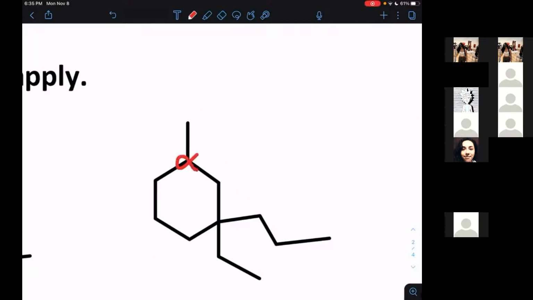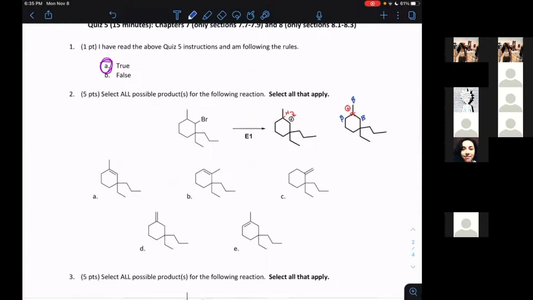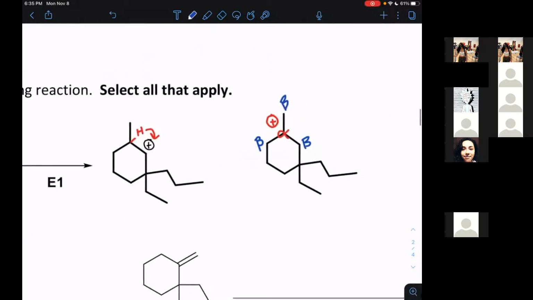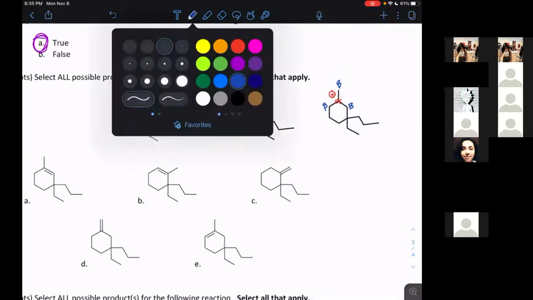So then we're going to have the carbocation here, and then I have beta here. It says select all possible products. So you can select this top one. Wait, let me do it on a different one.